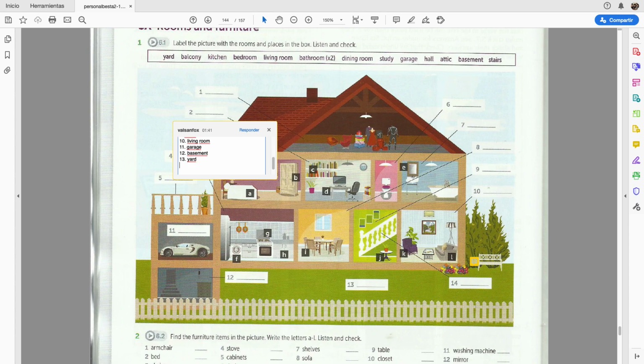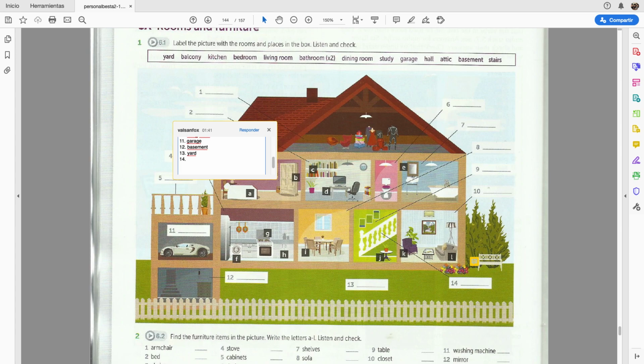And then in number 14, let me check. Let's skip it for a second, yeah? And finally, I think that's the last one.